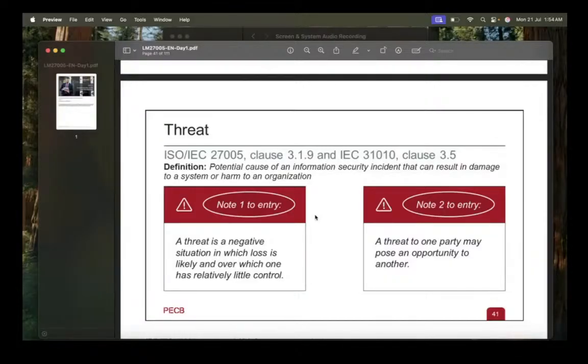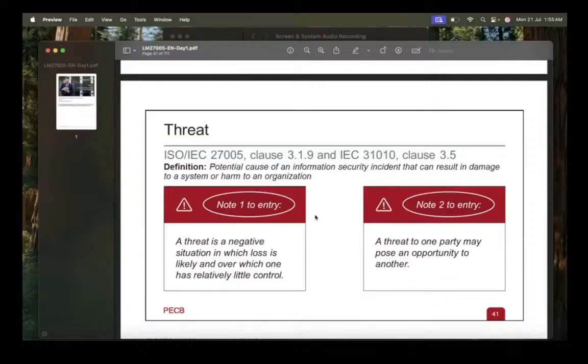We can have a variety of examples of a threat. Any potential cause of an information security incident can result in damage or harm to an organization. Like if we talk about data, a data breach that happens, or sometimes system failures. So these are threats.